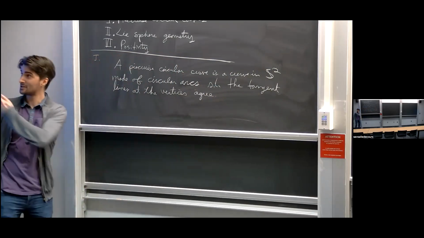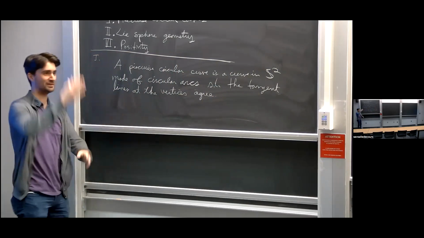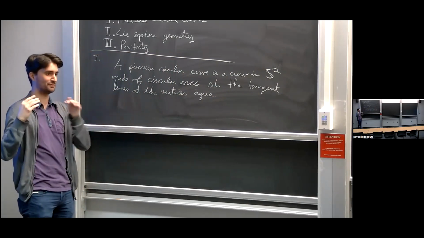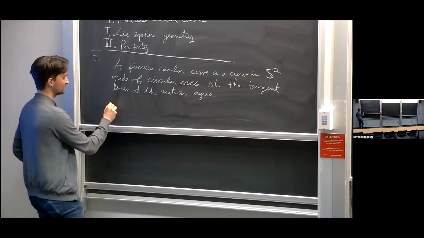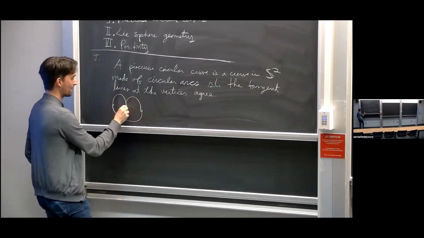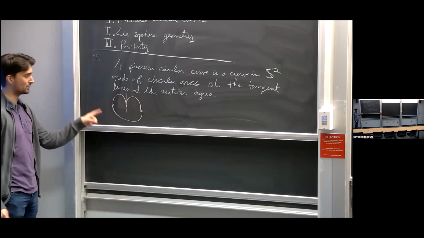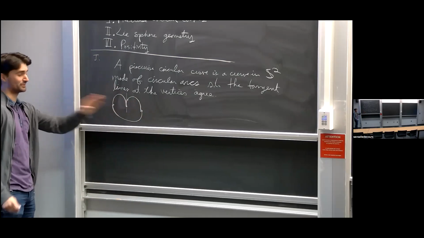As in the animations and pictures that I showed before, I allow the tangent lines to agree even if the curve is not smooth. So something like this is allowed. They have the same tangent line, even though there's a singularity there.